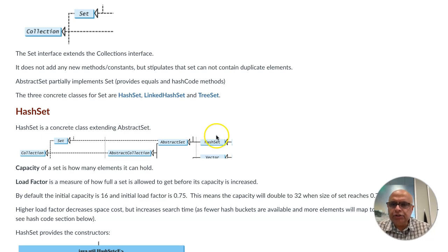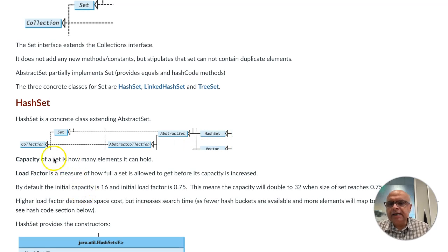Now, HashSet introduces two concepts: capacity, which is how many elements that the set can hold, and then a load factor. Now, load factor measures how full the set is allowed to be before you increase its capacity, right?